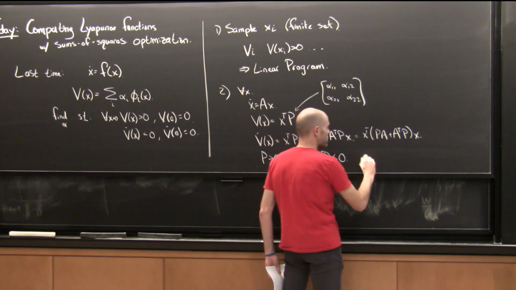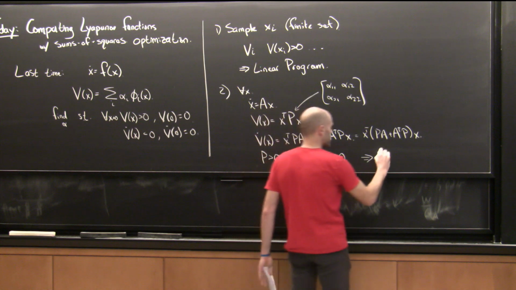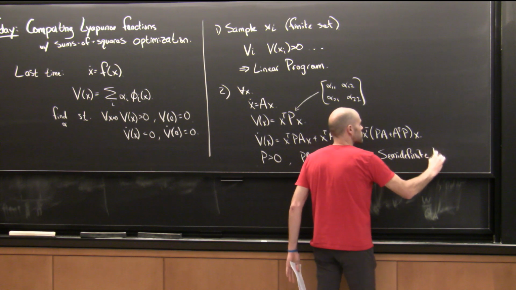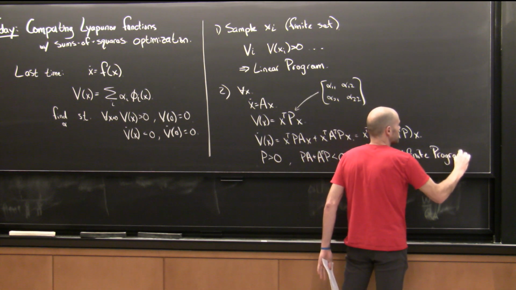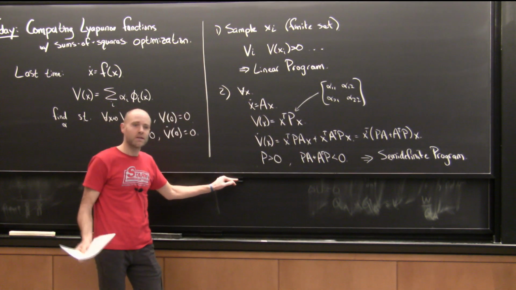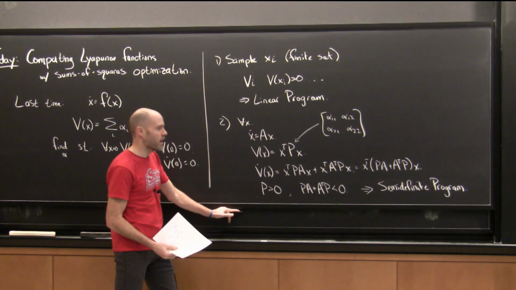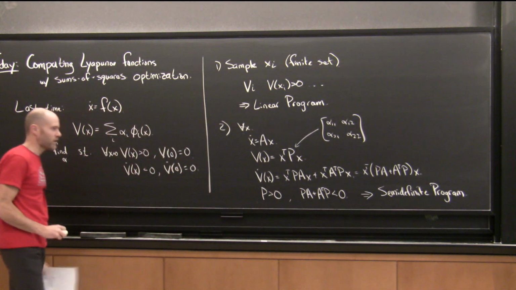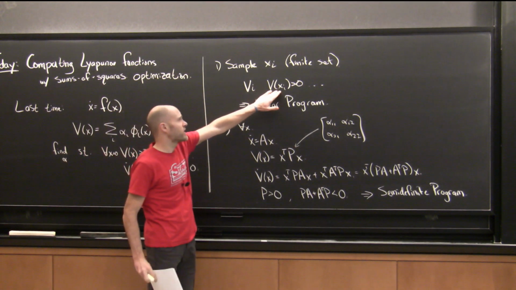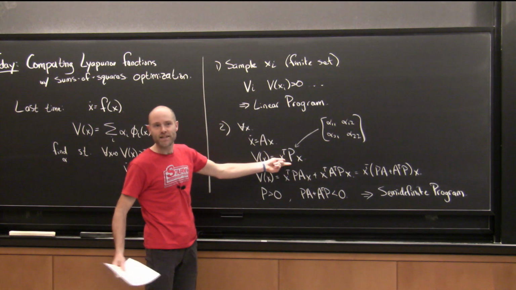And this turns out to be something that we can do with the tool of semi-definite programming, which is still a convex optimization, still good tools, not quite as mature. They are fundamentally numerically harder, more squirrely than linear programs. So they won't scale to as high dimensions, but in the first method, in order to do a good job, I might have to sample thousands of x points. Here, P is 2 by 2, for instance, in that example.